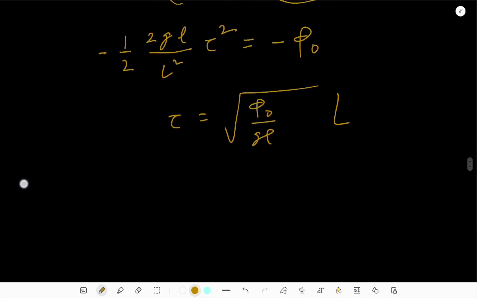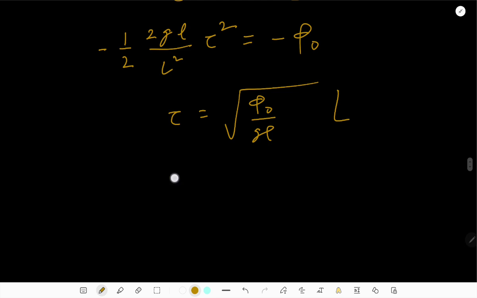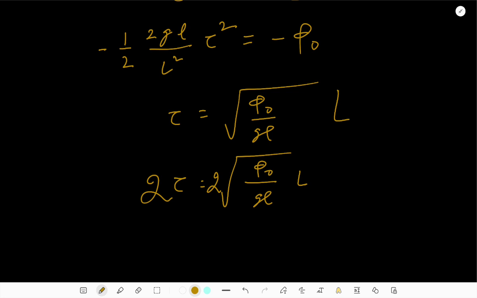So the tau is simply, in fact, square root of phi naught upon gl multiplied by L. And we have the answer that will be equal to 2 tau, and that's the final answer.